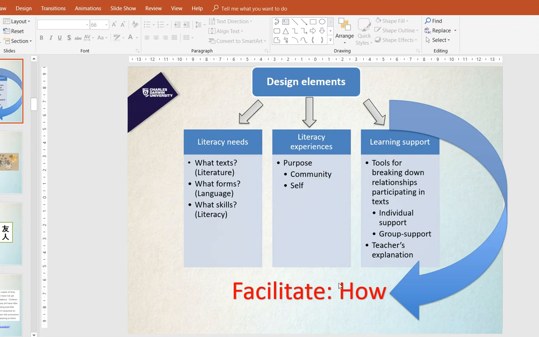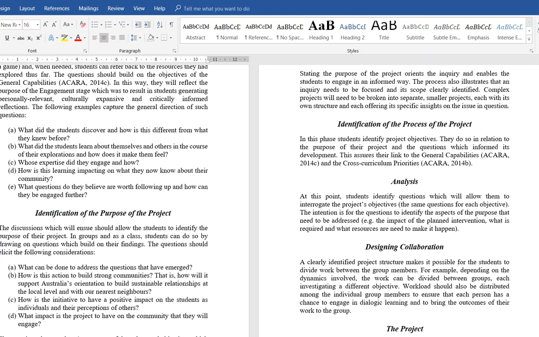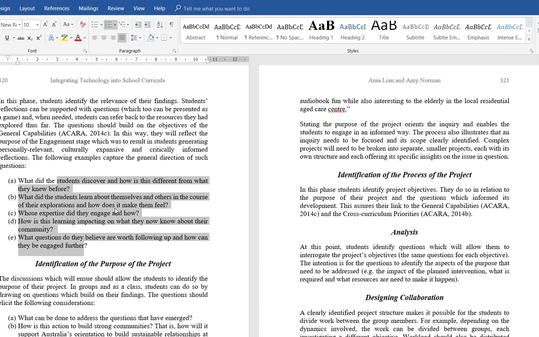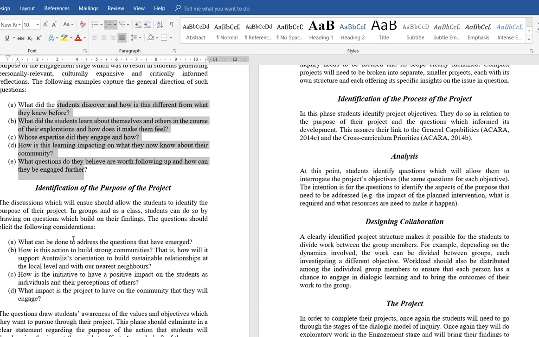Once you identify what you want to do in that activity, have a look at the plan, at the questions that Emmy and I have put here to finalize the inspiration activity, to identify the project.